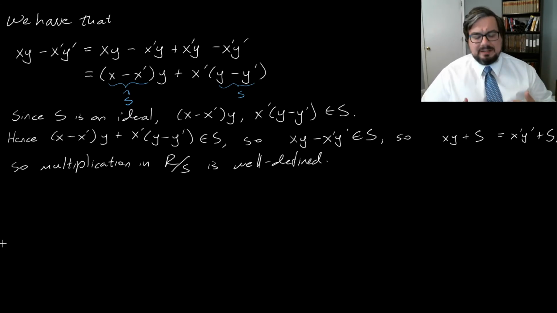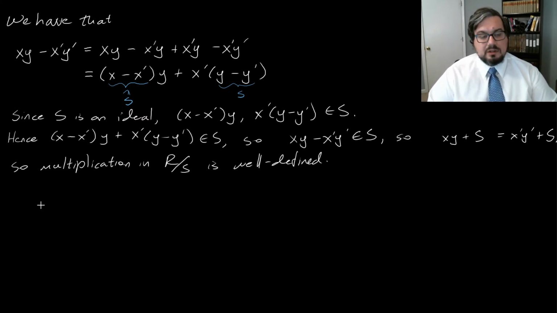You can find details of these two steps in the notes. We're going to leave that for now, so we have the one direction. If S is an ideal, then R mod S is a ring under the natural definitions of operations in it.